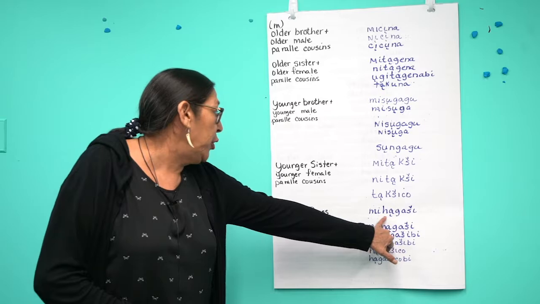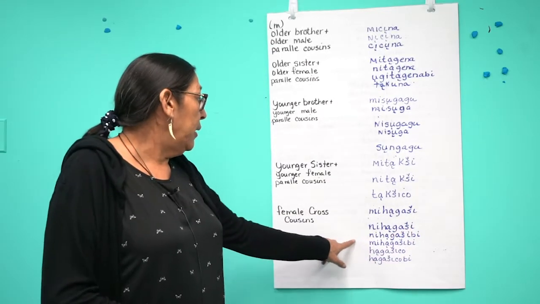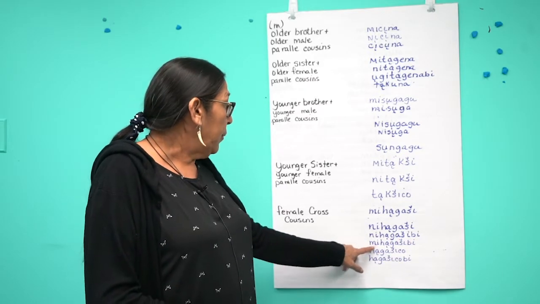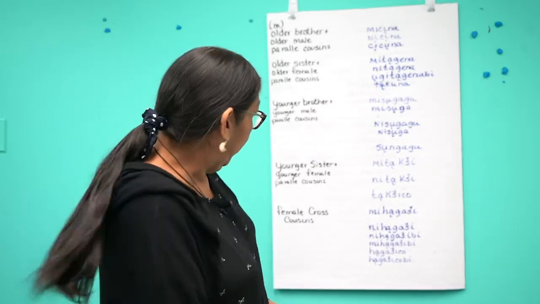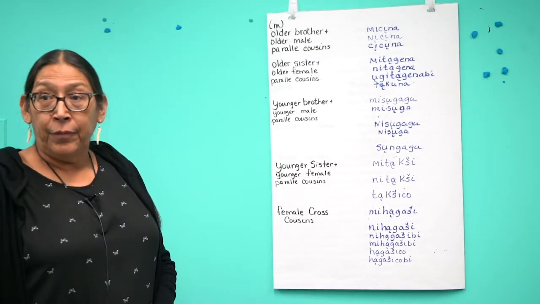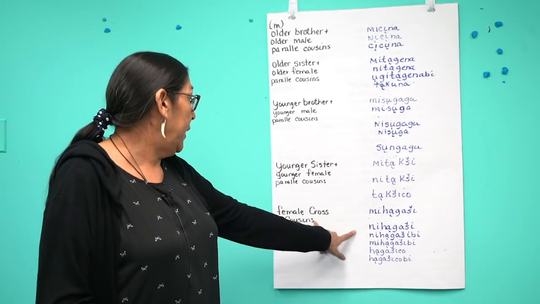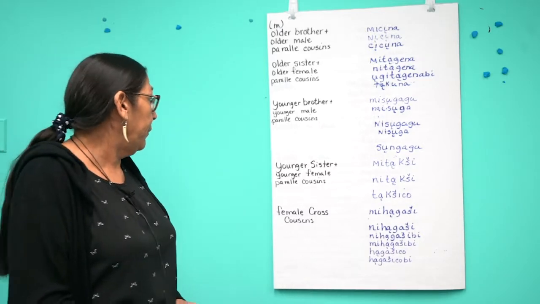Yeah, that's what she would be to you. Ni hangashi, ni hangashibi. And now these are ours. So Junior's my mother's cousin, which will make his kids my younger cross female cousins. Not parallel, but cross.